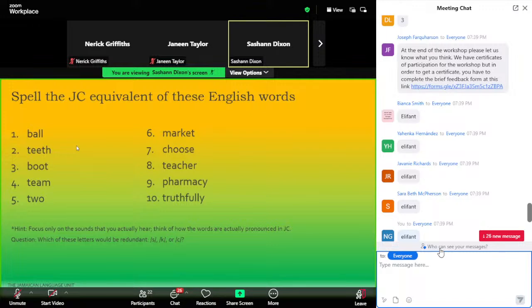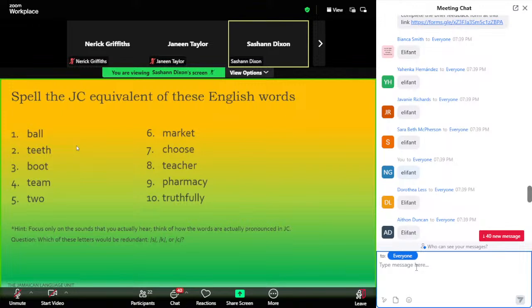Listen to the pronunciation. Teeth. Number 3, boot. Boot. Number 4, team. Team.